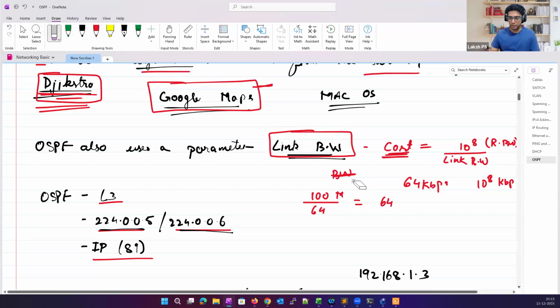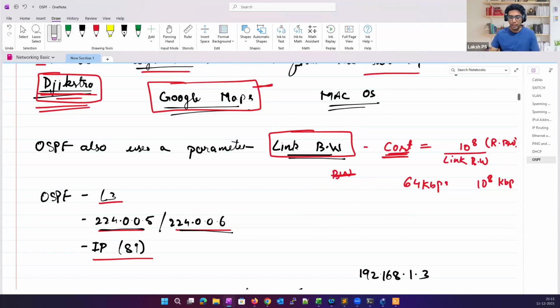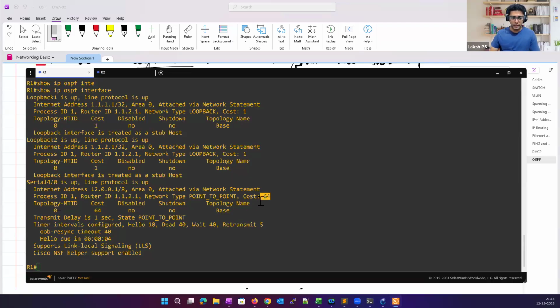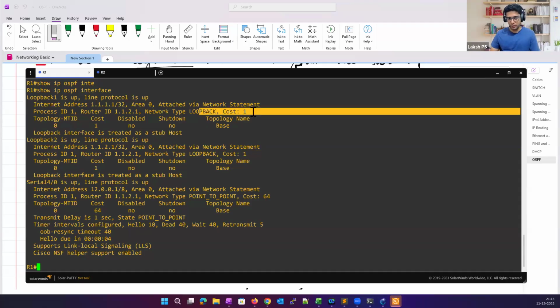That is what you see over here, the cost as 64. And for loopback addresses, the cost is 1.